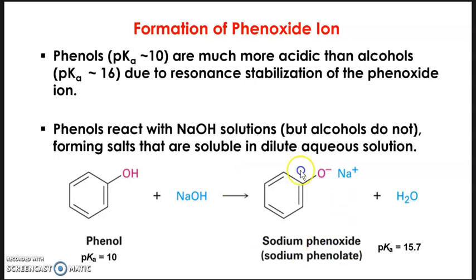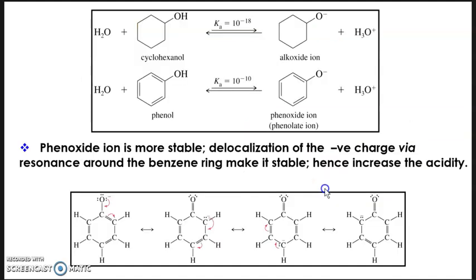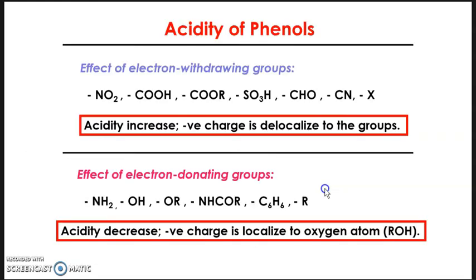When this hydrogen of the phenol is cleaved, it is in the phenoxide form. Please read this part so that you can understand why this phenoxide ion is stable: because of the delocalization of negative charge via resonance.